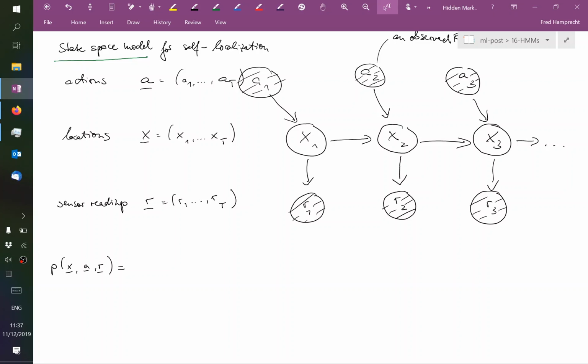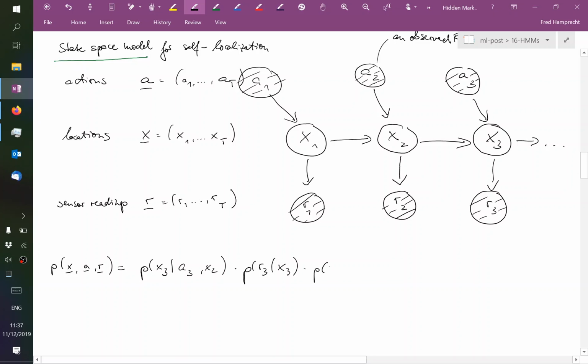Okay, so for all the things that we see here, we would have the probability of x3, and x3 depends on its parents a3 and x2. And we have the probability of r3 given x3. This was for the thing on the right-hand side.